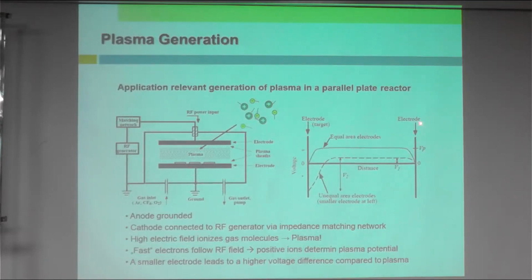Then this is the other electrode, equal area electrodes here. Then this is the distance between the two electrodes. The unequal area electrode here has the smaller electrode at the left. So that is how you can set up the plasma generation.